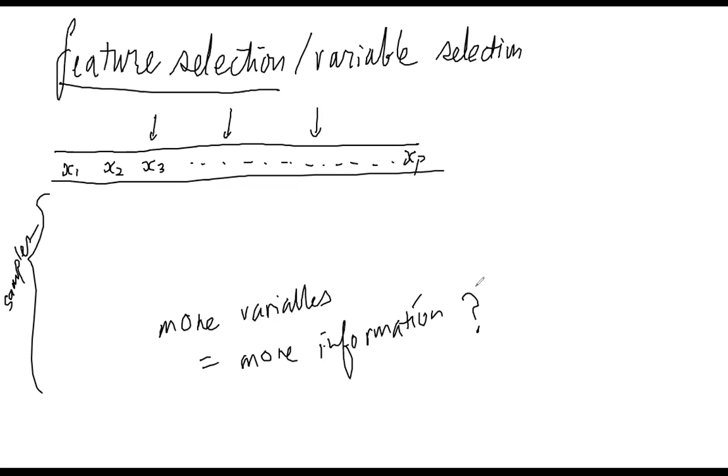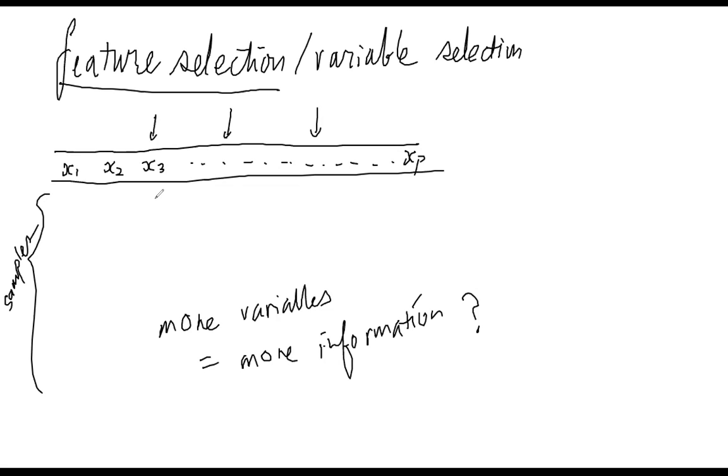Maybe up to an extent, and after that it may not have any effect, and in fact it may cause a kind of degeneration. So you have to use just the right amount of people for the job, and it's the same with your analysis of these kinds of data sets. You have to use just the right amount of variables for the downstream analysis. So you have to decide which variables should go into the downstream analysis and which you should leave out.